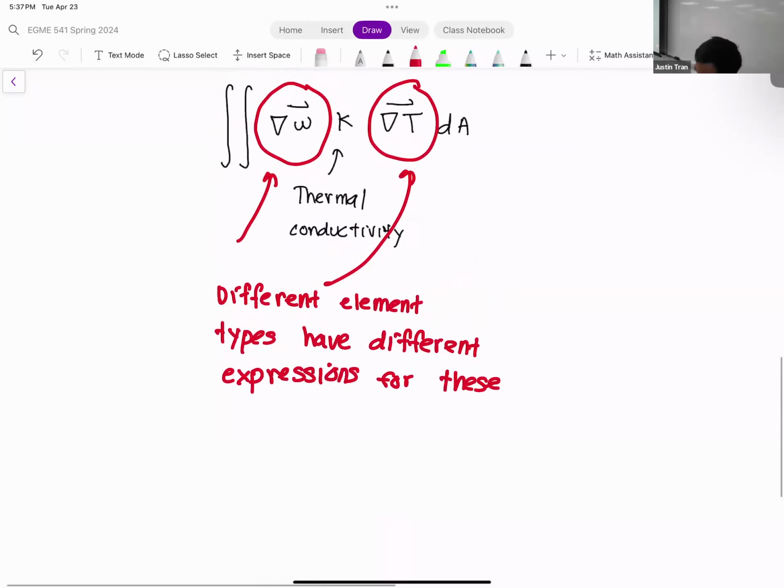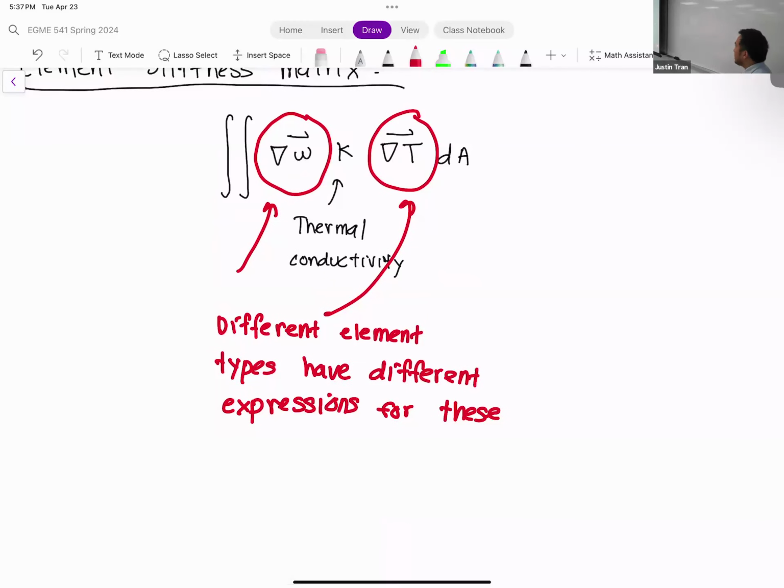Depending on the element type, the exact shape, the form, and how many shape functions we have, we're going to have different expressions for these two gradients. We're only going to apply this to 2 different types of elements: the triangle now, and then the 4-node quadrilateral as well. But they all follow the same trend.